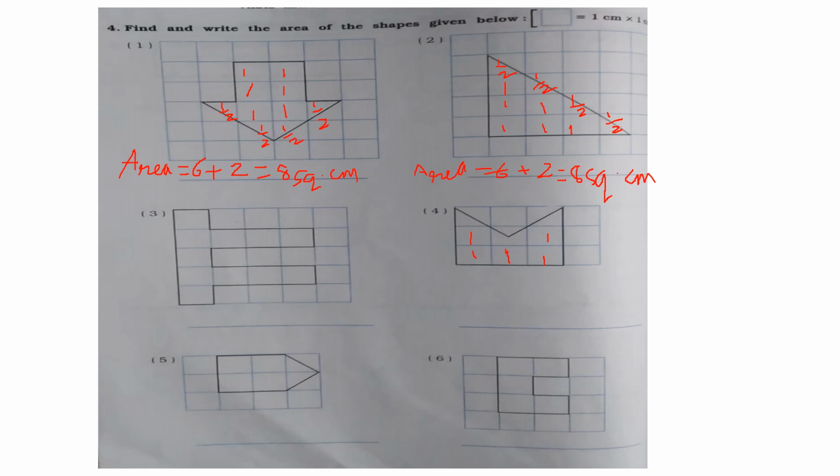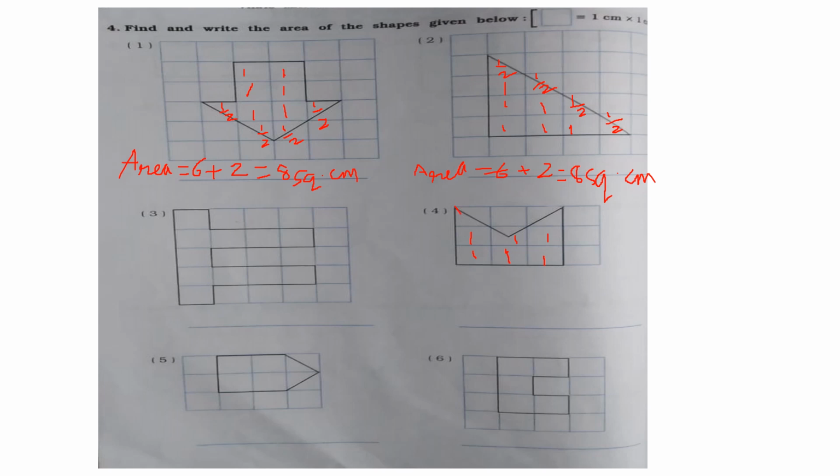And what is the rule? If it is more than half, you can take it as 1. You can observe this square. This is more than half. Look at this. This is more than half. So when more than half comes, you have to count it as 1. Okay. And this is half. This is also half. So here we can write 1.